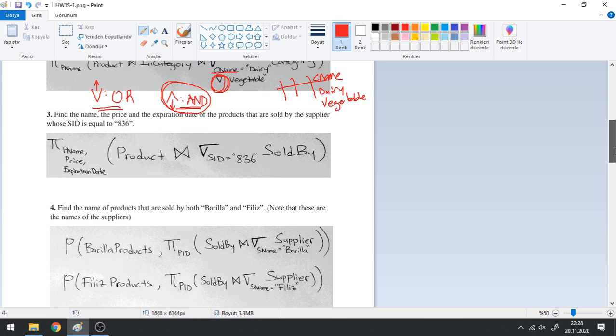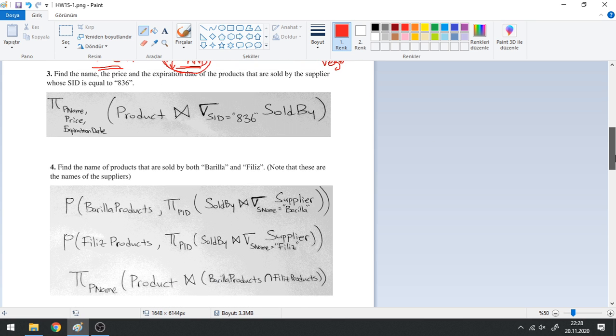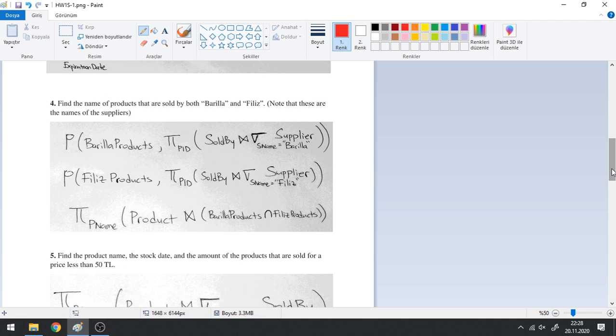For question number 3, almost all people did it correctly. For question number 4, we are saying that there are 2 different suppliers, Barilla and Phyllis, and these are selling some products, and we would like to find out the products that are sold both by Barilla and Phyllis.